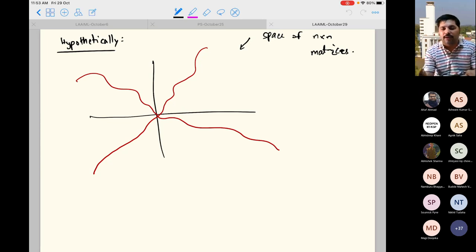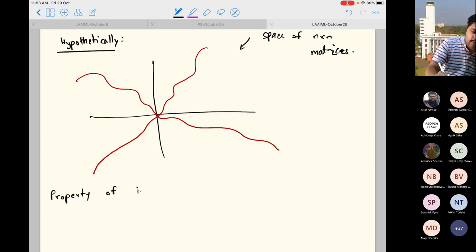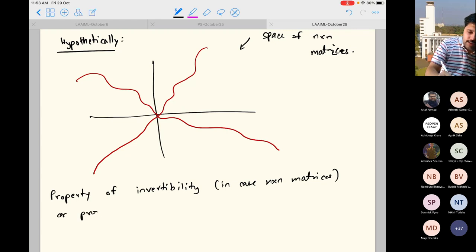The other equivalent is that the property of invertibility in case of n by n matrices, or the property of full column rank, or what does that mean?